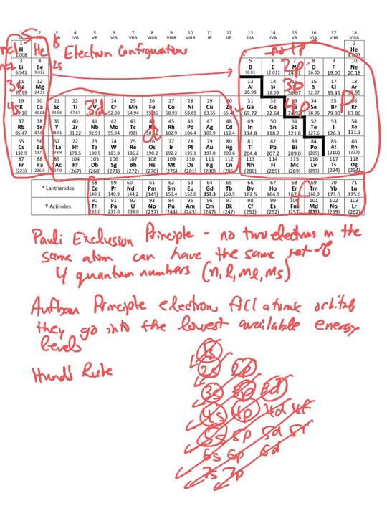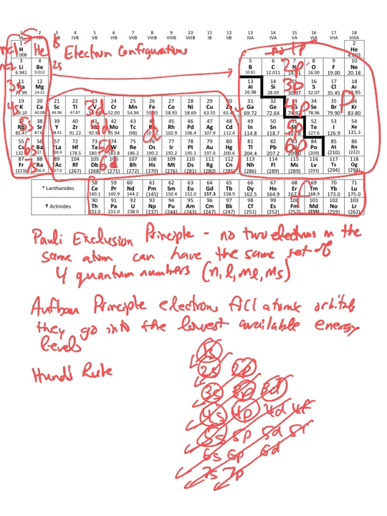And then we go back over the left side of the table, 5s. We've used 3d, so now we are at 4d. As we go into the p block, 5p. Back to the s block, 6s. Then 5d. And then 6p. Back to 7s.